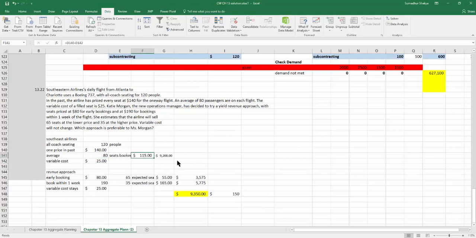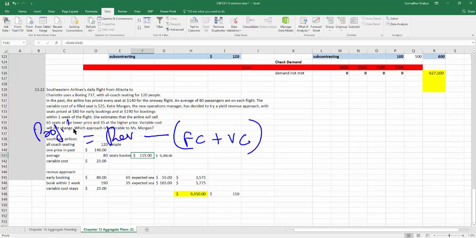The simplest way to picturize this is we have our formula: fixed cost plus variable cost. If you subtract this total cost from the revenue, then you get your profit, right? In this case, what are we given?